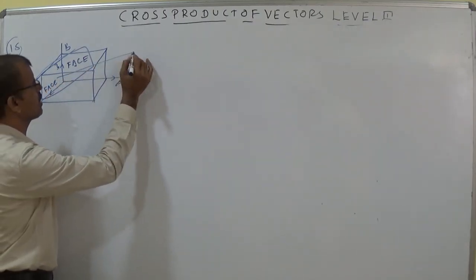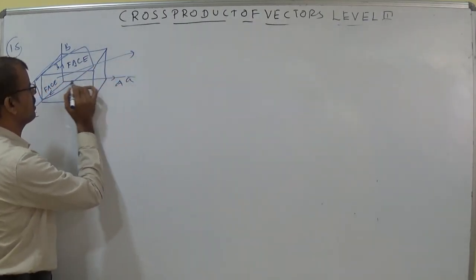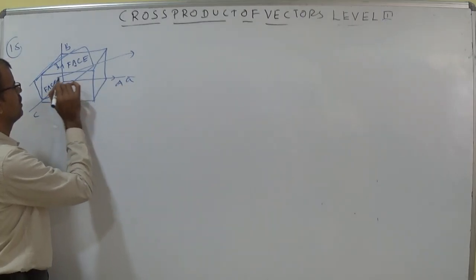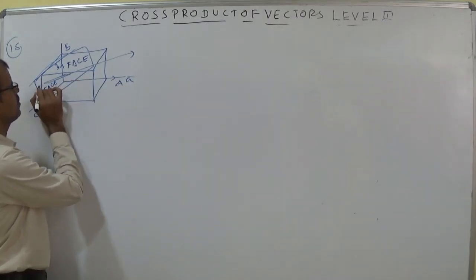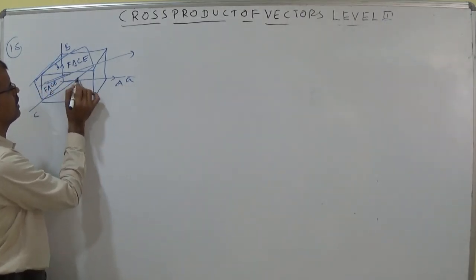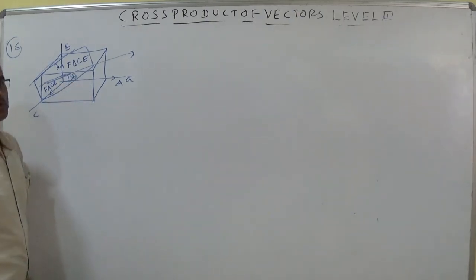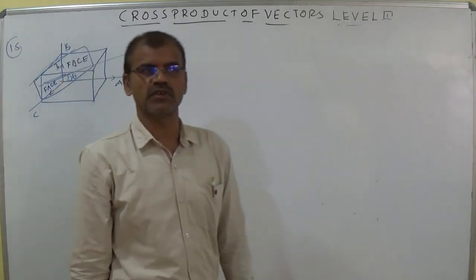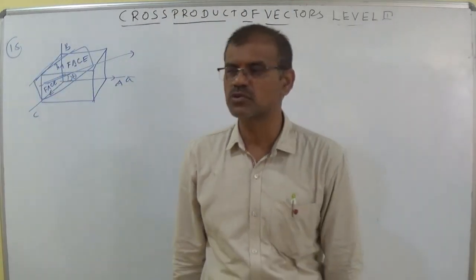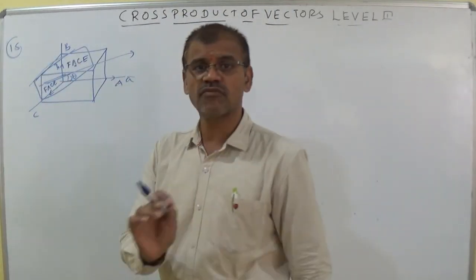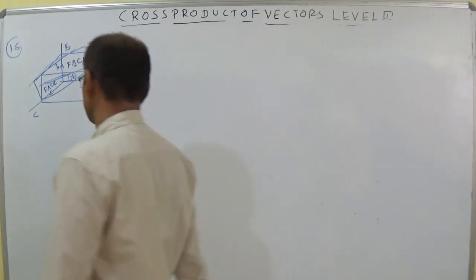A normal vector is there, and here also. This is the line. What is the angle between line and plane? Discussed previously, the angle between two planes can be defined as the angle between their normals. So for the normal you should calculate. Use the formula sin theta.